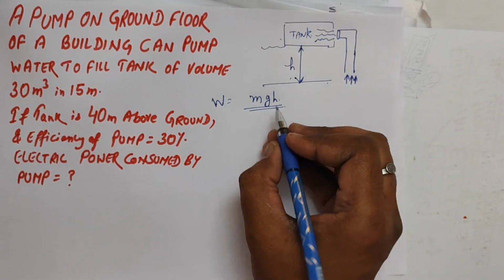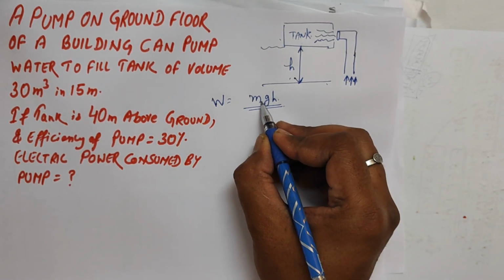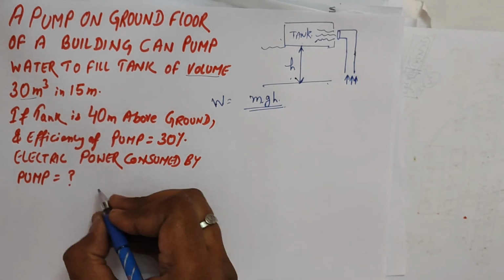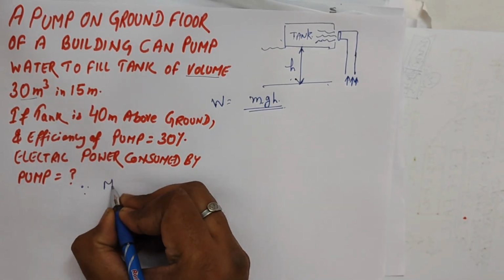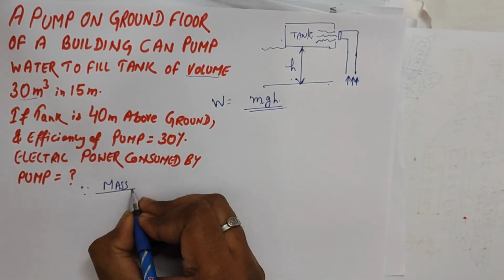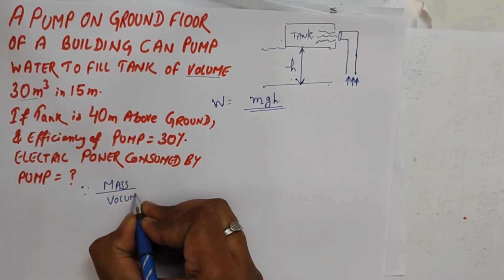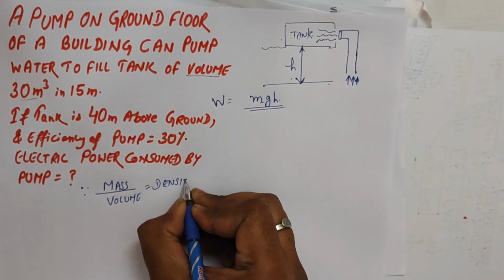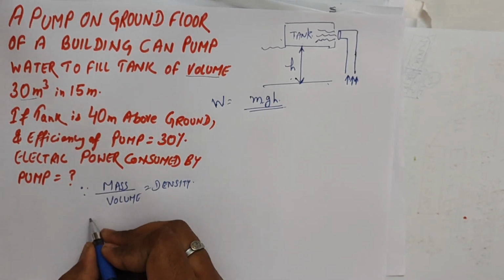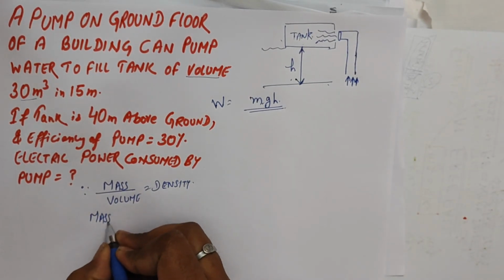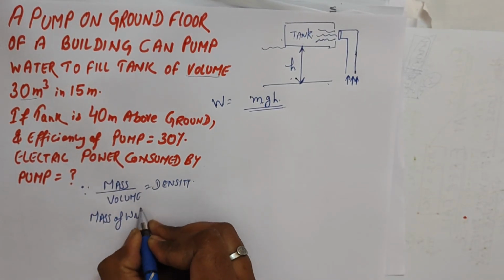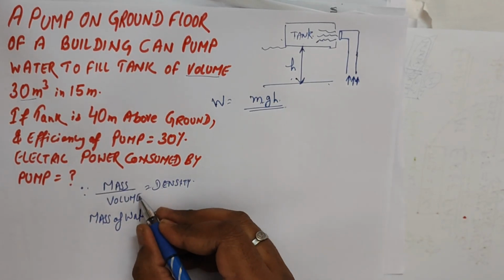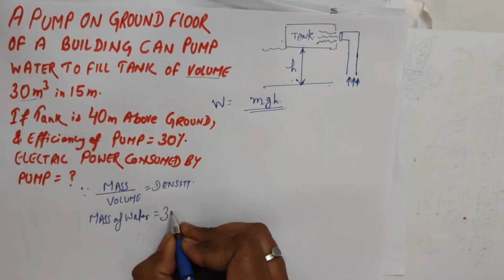And mass is not known to you. You have given the volume of water is 30 meter cube, so you know that mass by volume is the density. So mass of water can be calculated by density into volume, and volume is 30 meter cube.